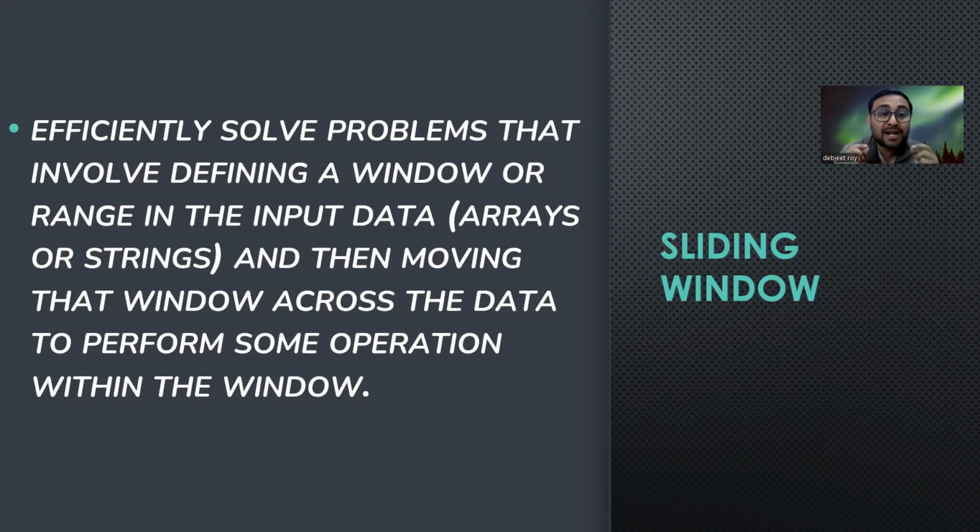What type of problems does sliding window solve? It efficiently solves problems that involve defining a specific window, or a range, in given input data. It can be an array of strings or an array of integers, and then we have to move the window right or left depending upon our requirement, and provide certain inputs for the given operation.